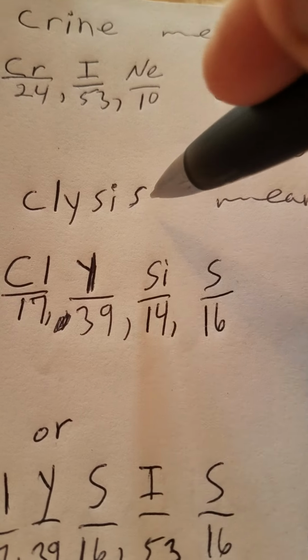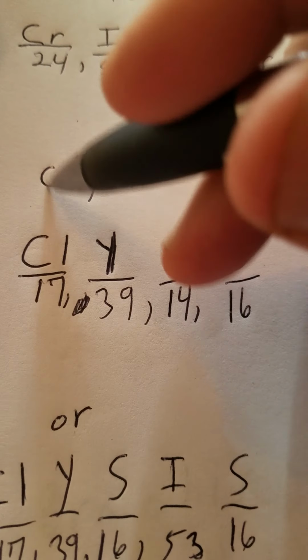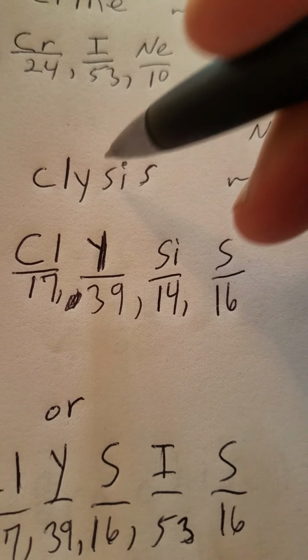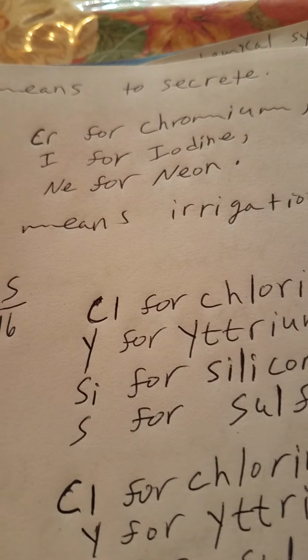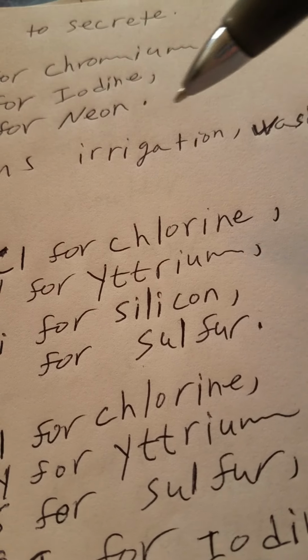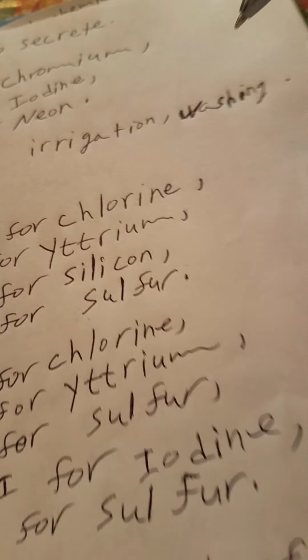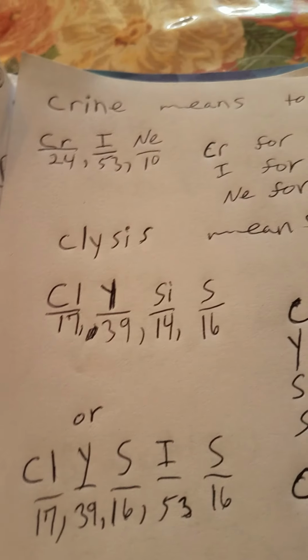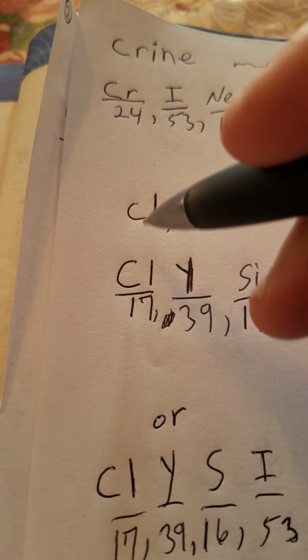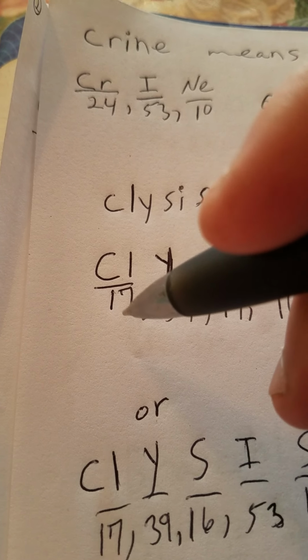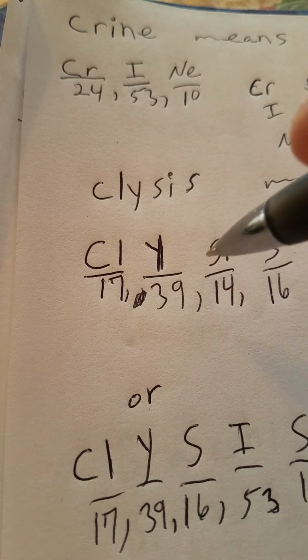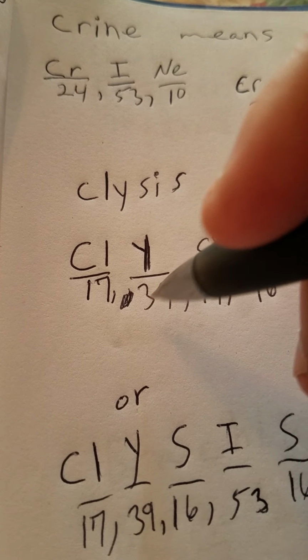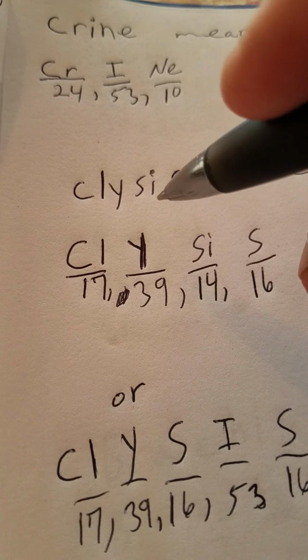Then you have clysis, C-L-Y-S-I-S, which in medical terminology means irrigation, washing and irrigation. So I took the Cl, made a capital C, a small l, and put the atomic number 17 for chlorine. A capital Y, I put 39 atomic number for yttrium.